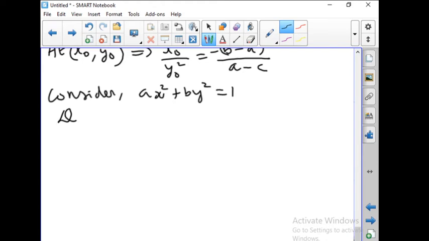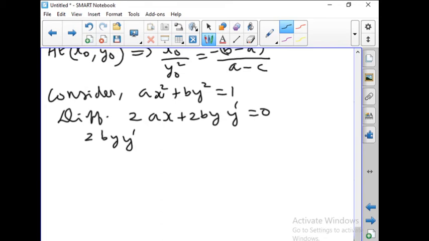Let us differentiate. What do you get? 2ax plus 2by into y dash is equal to 0. So 2by y dash is equal to minus 2ax. So y dash is equal to minus 2ax by 2by.